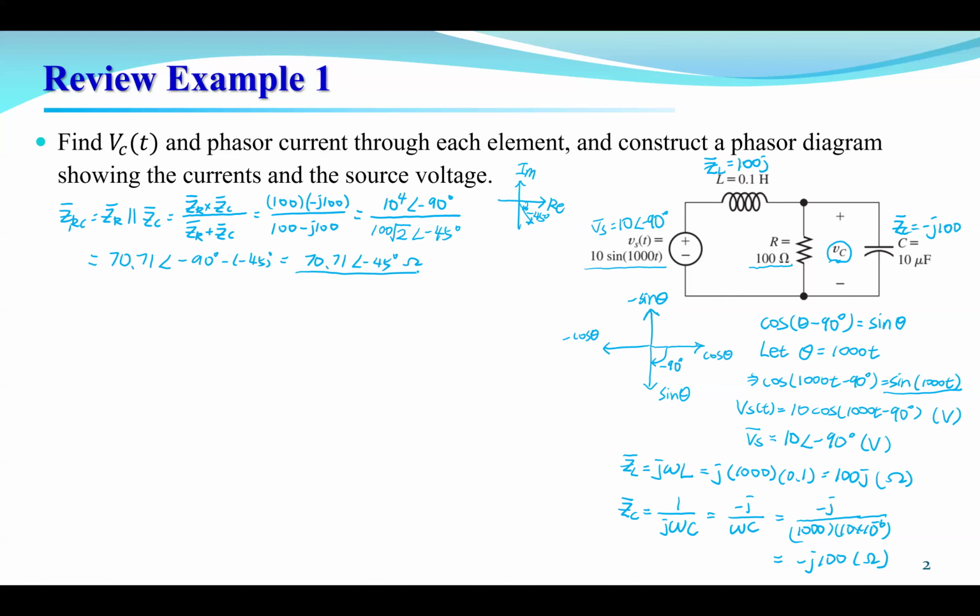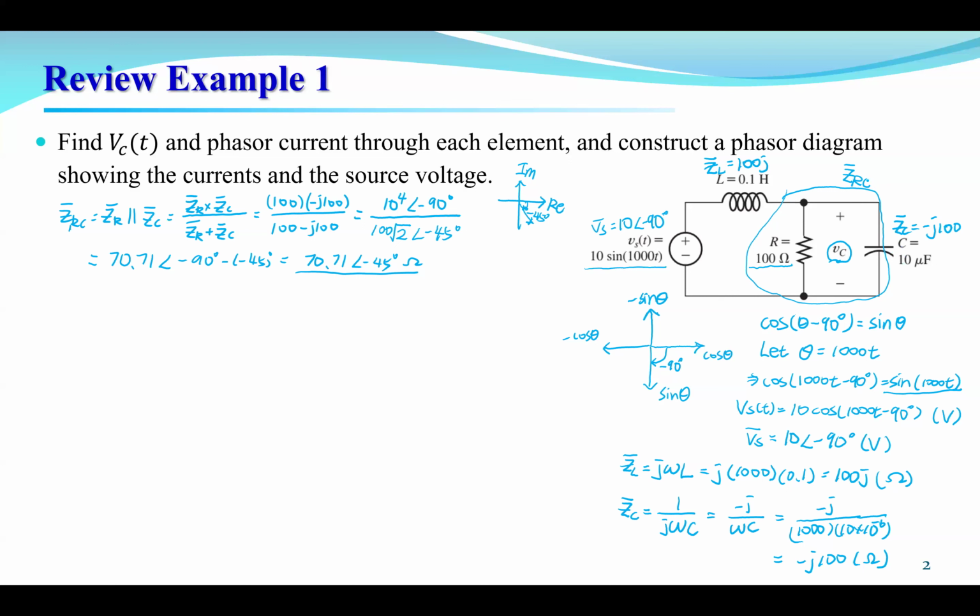Okay, so we have this. We figured out an equivalent impedance for the resistor and capacitor in parallel. And the problem asks us to calculate the voltage across this capacitor, which means the voltage across ZRC.